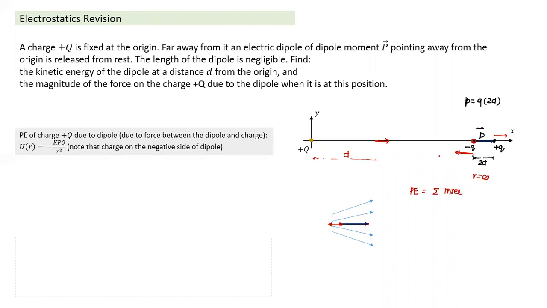But out of these three charge pairs, one pair's distance is not changing, so there's no point in calculating the potential energy of the dipole itself. So we calculate potential energy only due to the dipole and the charge q: the interaction of plus q with minus q, and the interaction of plus q with plus q. This is called the interaction energy between the dipole and the plus q charge.